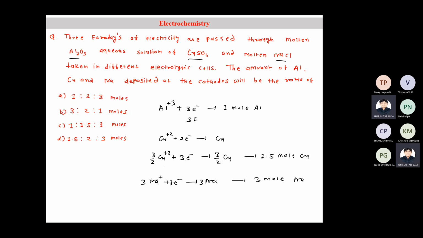So in each case we have passed 3 Faraday of electricity, so we are getting 1 mole aluminum, 1.5 mole copper, and 3 moles of sodium metal from Na plus. So this one is the correct one.